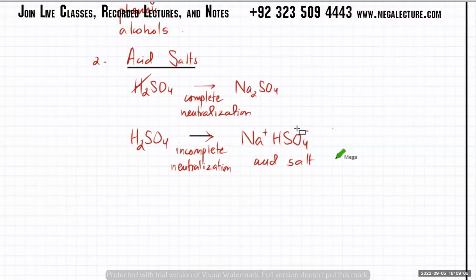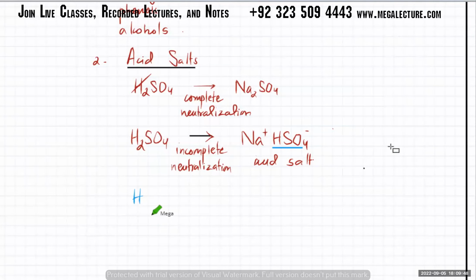So these ions over here, especially HSO4 minus 1 ions, they are your salts, okay, and they're your acid salts. But is the idea of acid salt clear? Is this clear? What we are calling an acid salt is when it's incompletely neutralized, okay?